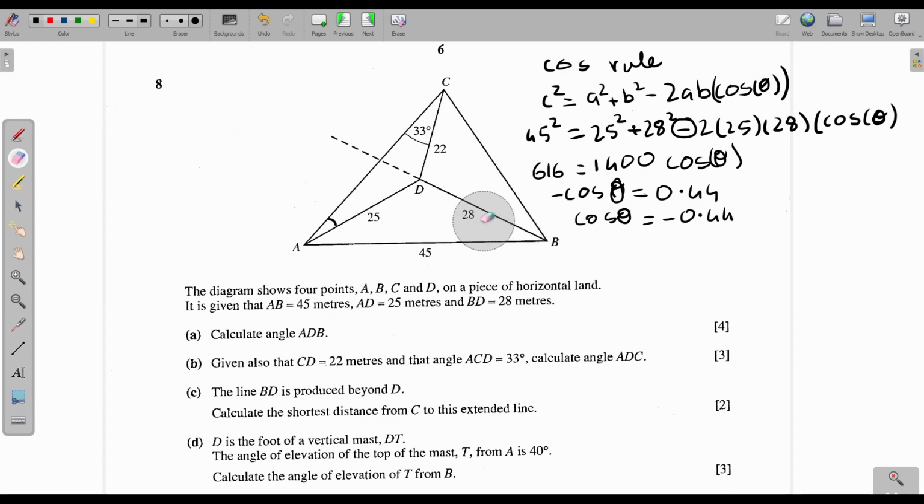So what we actually wanted was theta is equal to 116.1.